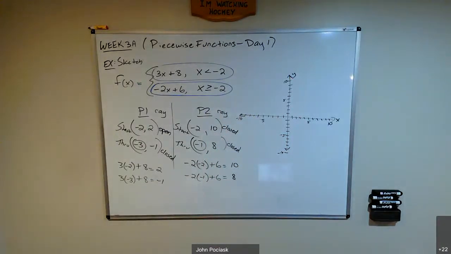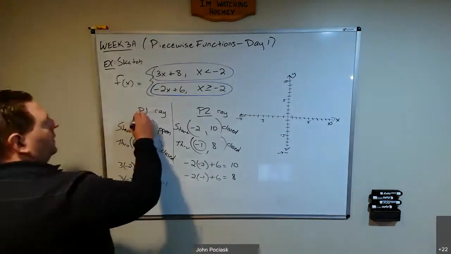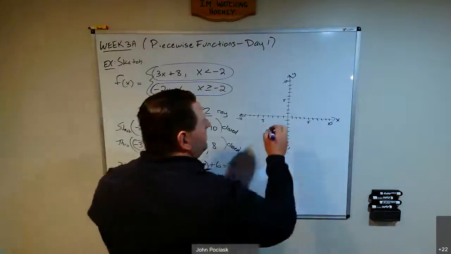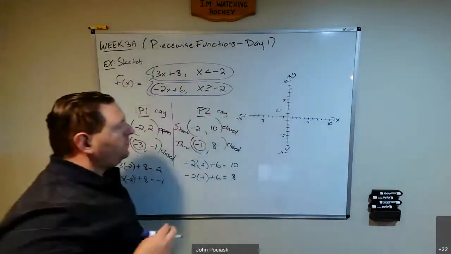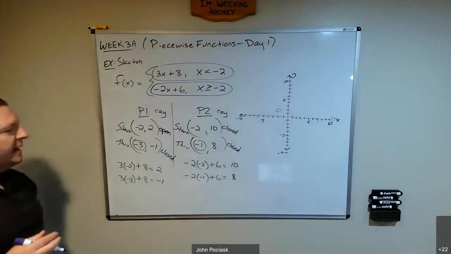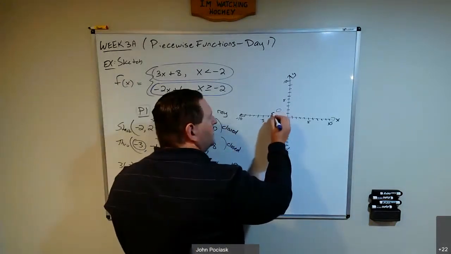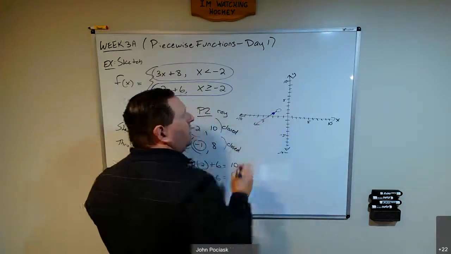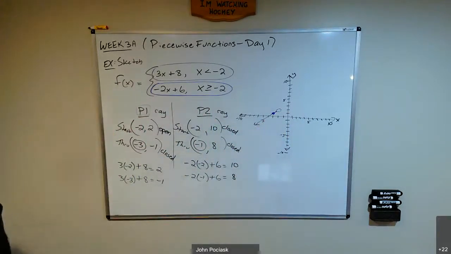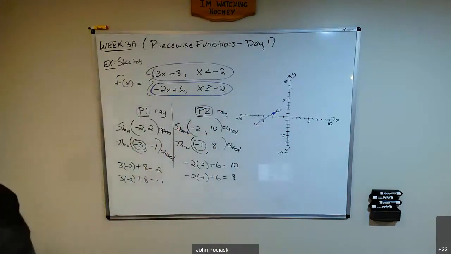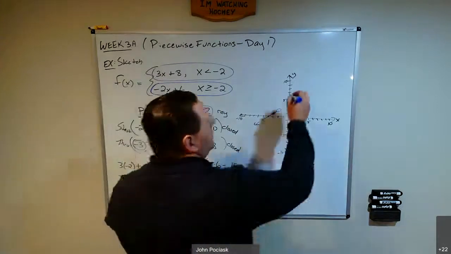First piece is in purple. Starts at -2, 2, open circle. And it goes through -3, -1. Closed. It's going down and to the left. Piece two starts at -2, 10, closed.